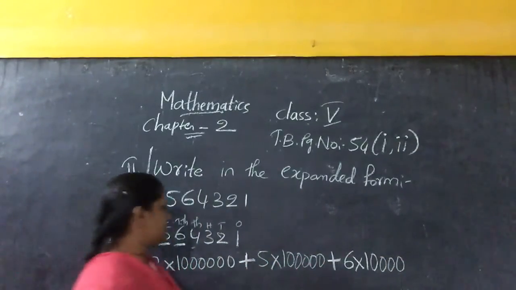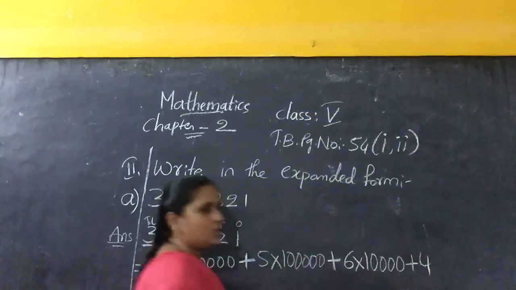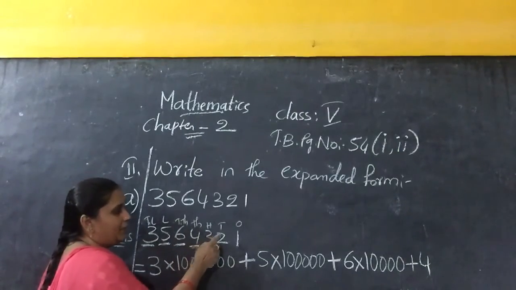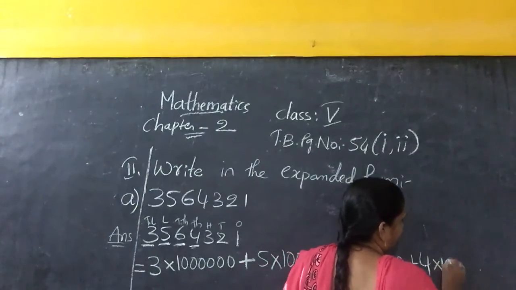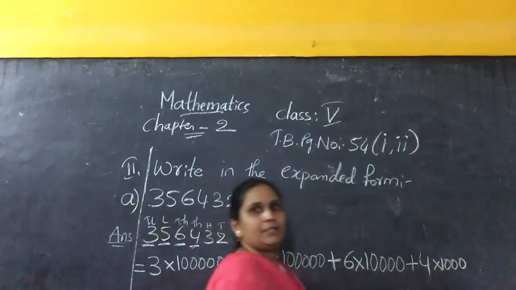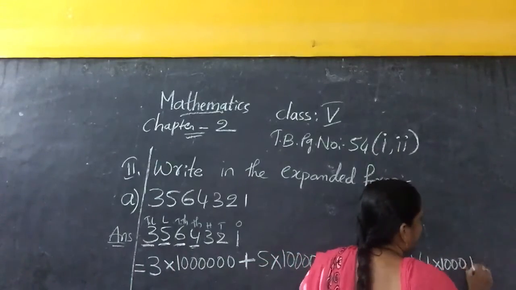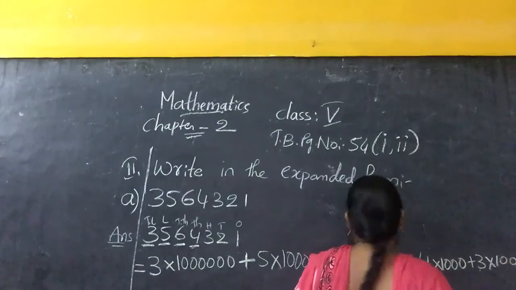Next plus. What is the number? 4. So write 4 into 1 followed by 3 zeros. Next plus, 3 is there now. Write plus 3 into 1, 0, 0, 2 zeros.